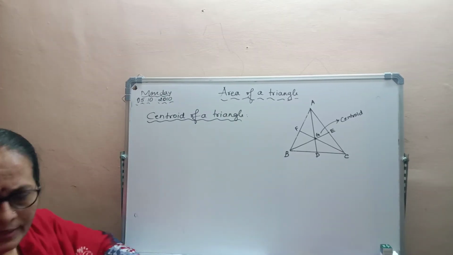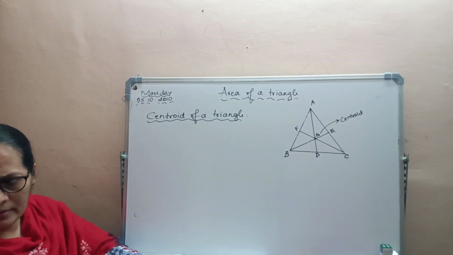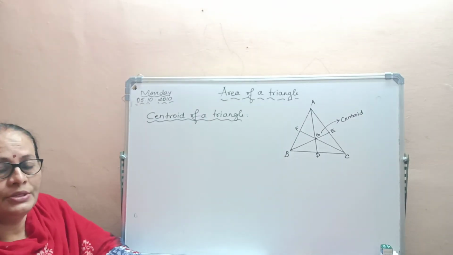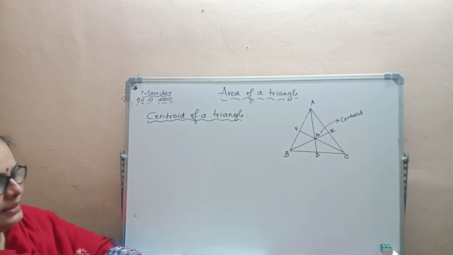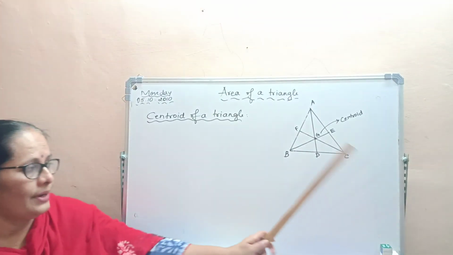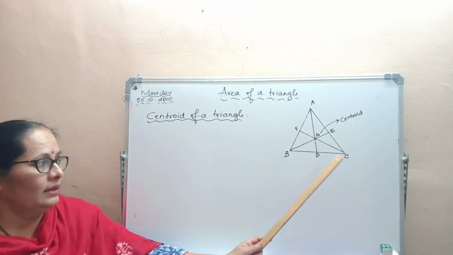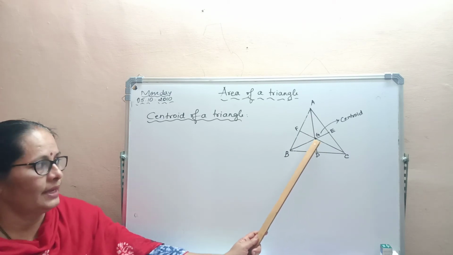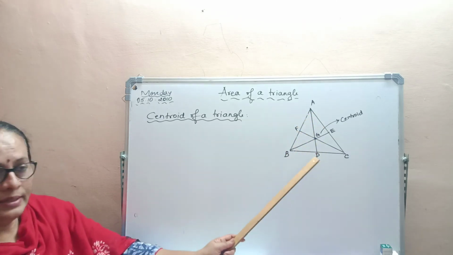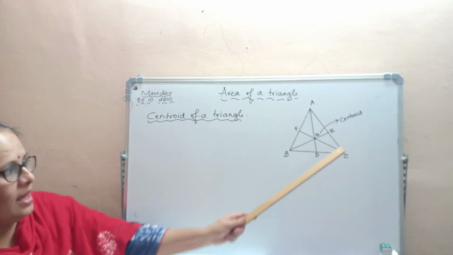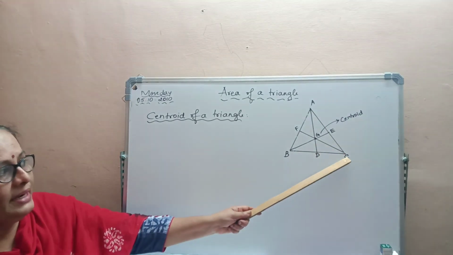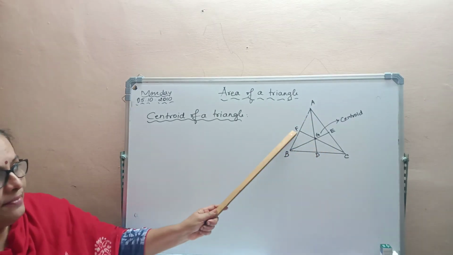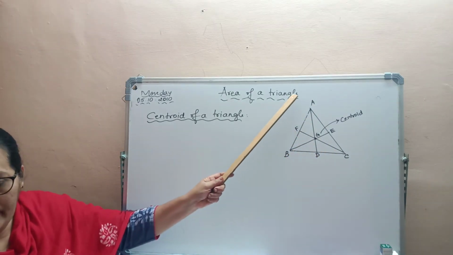Next is centroid of a triangle. What is centroid? The intersection of three medians. Centroid is a point where the three medians intersect each other. See here, AD is the median on BC and BE is the median on AC and CF is the median on AB.